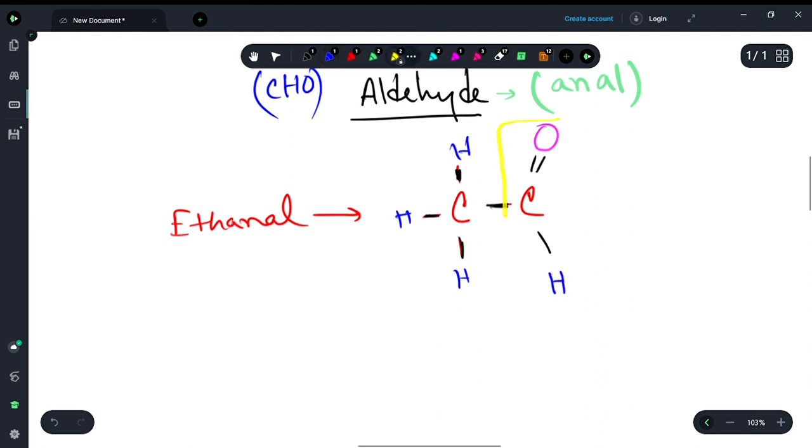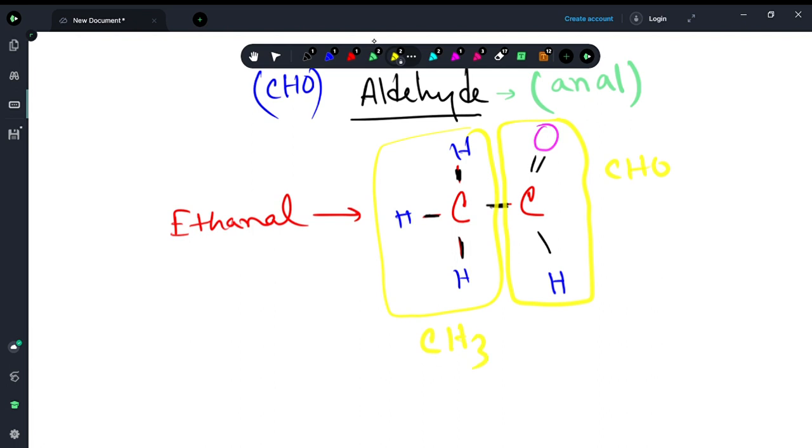So this part is the CHO part, and this part is the CH3 part. These two parts connected jointly make the full formula of ethanol. Let's work out the formula for it.